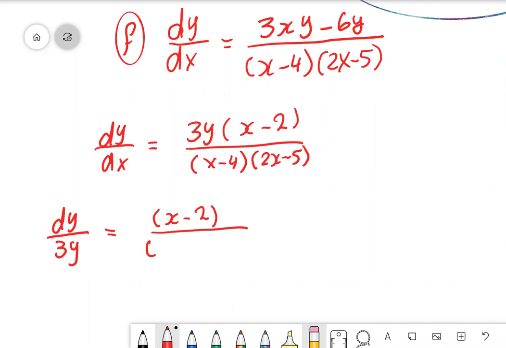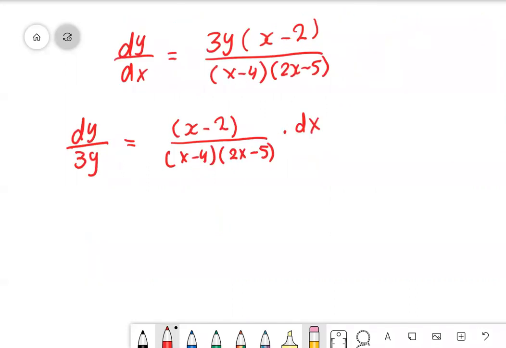Right. So in this case here, we have a partial fraction, which is x minus 2 over x minus 4 multiplied by 2x minus 5. It's not very easy to solve this kind of question in integration. We need to deal with it with what we learned before, partial fractions, if you remember, or you should remember, we did that in the exam anyway.